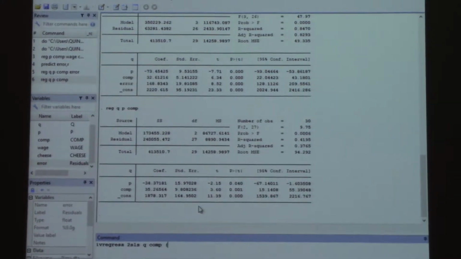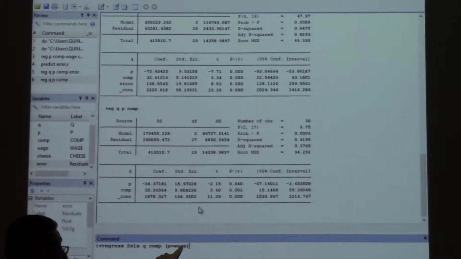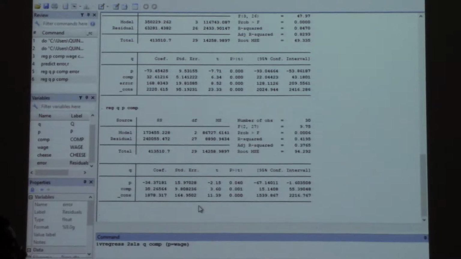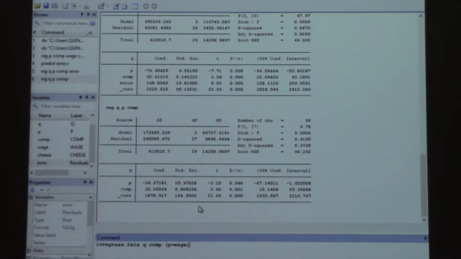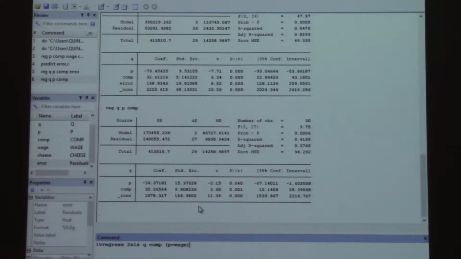And for our instrument, we're going to instrument price with wage. So what is that doing? This is telling me what our instrument is. Our instrument for price is going to be wage. An instrument is the thing that shifts the supply curve that allows us to identify the demand curve.